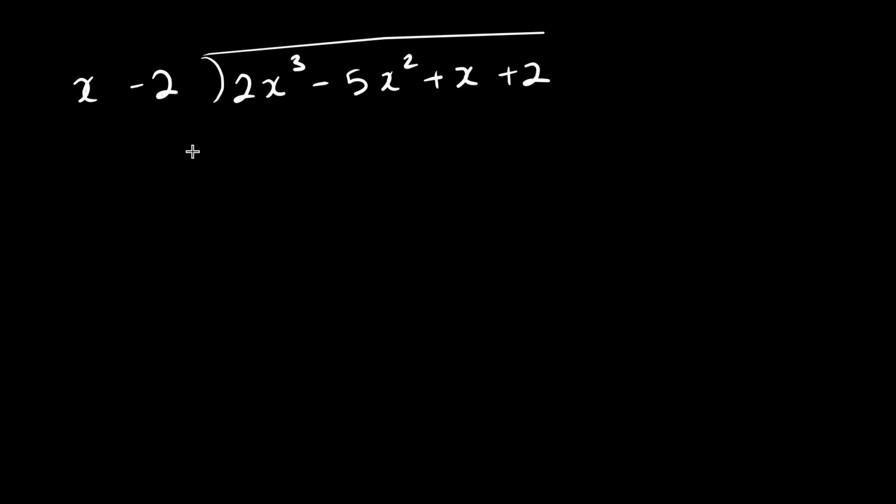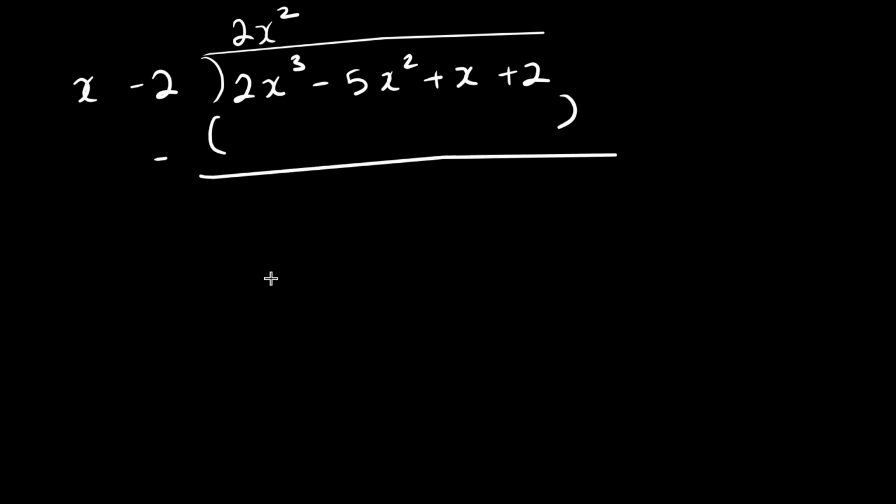And x divides 2x cubed to just give us 2x squared. Now we're good, right? Now our next step immediately thereafter is to subtract, because we're going to multiply our partial quotient by our divisor. So x multiplies 2x squared to give us 2x cubed, and negative 2 multiplies 2x squared to give us negative 4x squared.